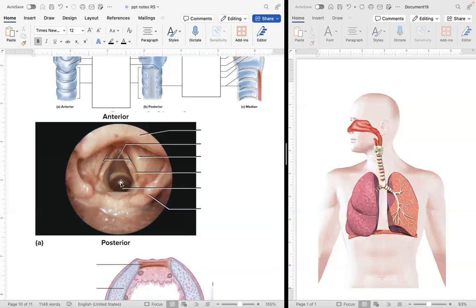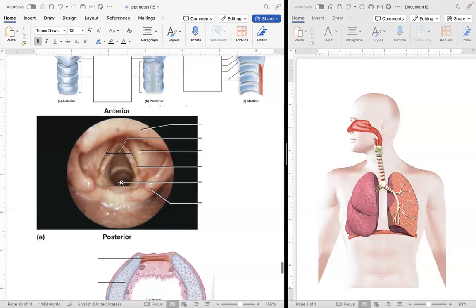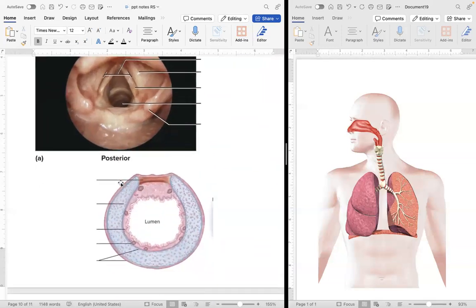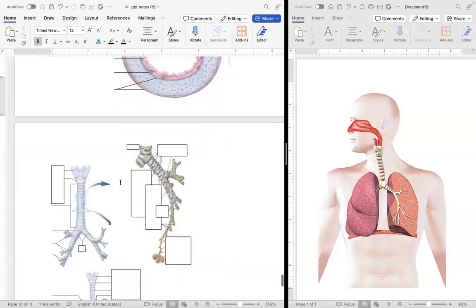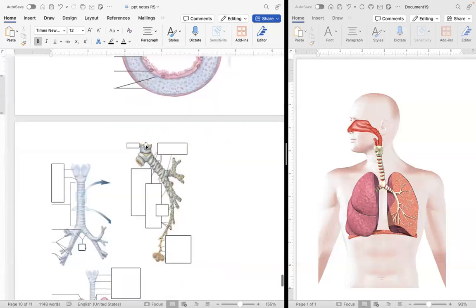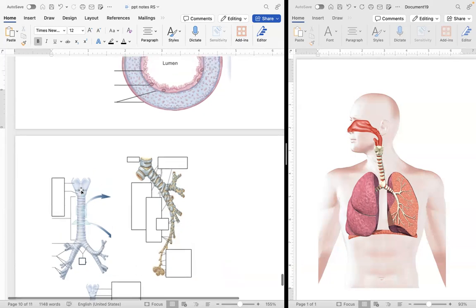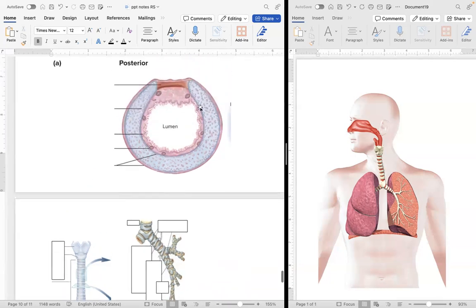So down here is the trachea where the air flows. It can be seen here or here or here. Trachea is a 4.5-inch long tube, which consists generally of 16 to 20 hyaline cartilages, which are shaped as C. We can see it very well here.